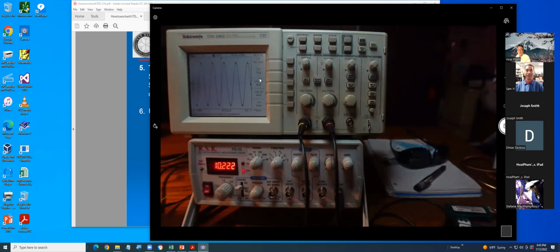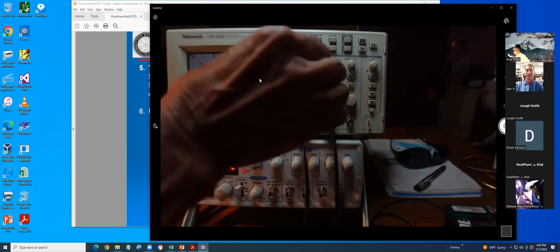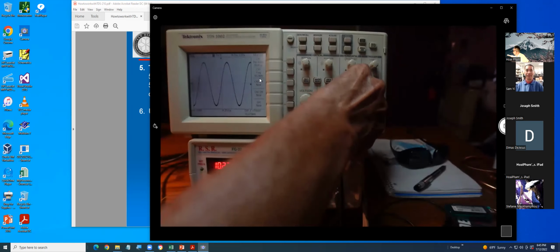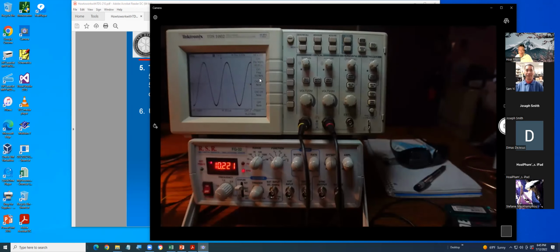Okay, and now you can see, but if you want to make it not too many cycles, you can change second per division here. And if you're looking on the scope display, they say 10.2 kilohertz.